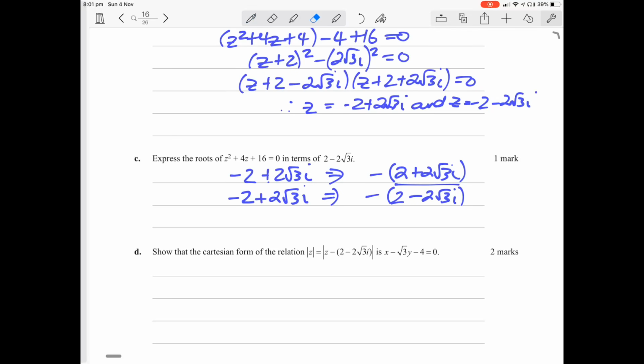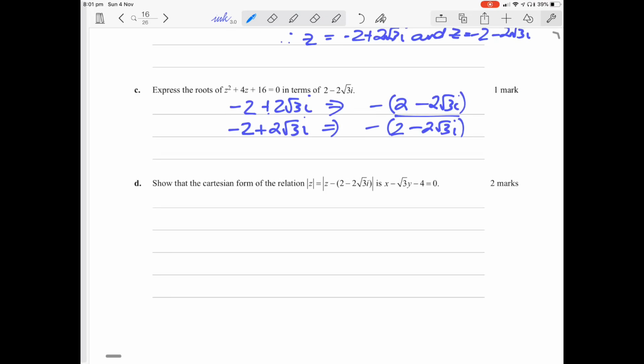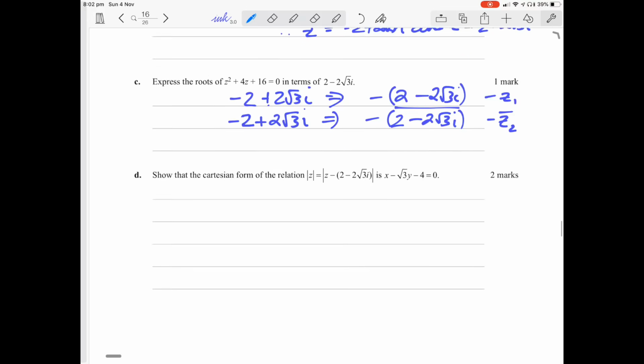And I stuffed that one up because it's got to be in terms of negative 2 root 3 I. So I guess you could say that's negative z1, and this one is negative z1 or negative z2 bar.